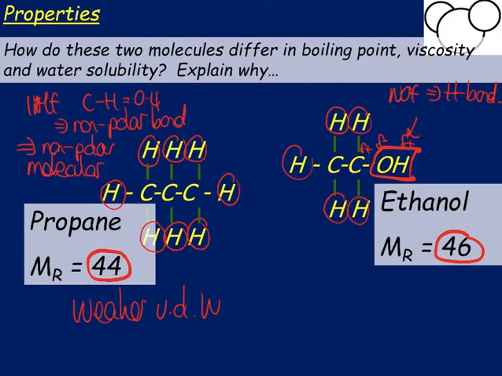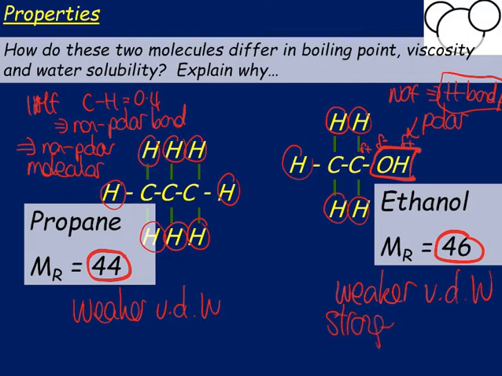So this would be polar, and it's got the super strong extra strength of hydrogen bonding present. So of these two molecules, the ethanol will have weaker van der Waals, but it will also have the strongest hydrogen bonding, and this molecule would have the higher boiling point, would probably be more viscous, and would also be soluble in water, because it's a polar molecule and water is also polar.